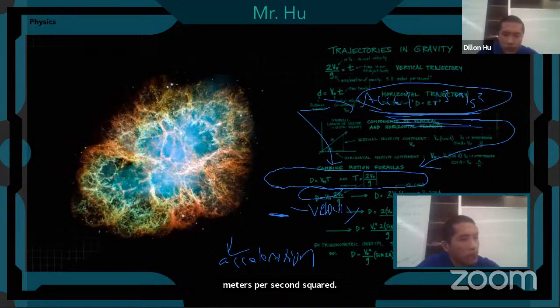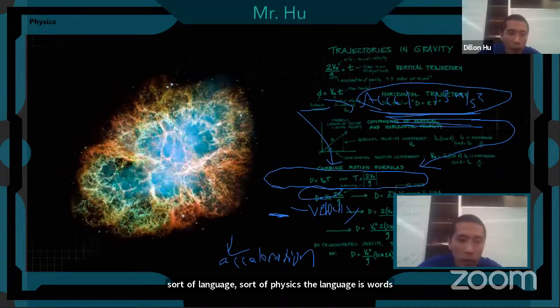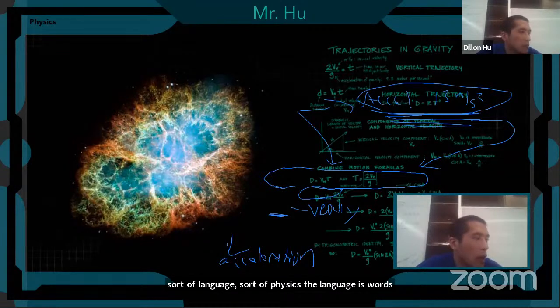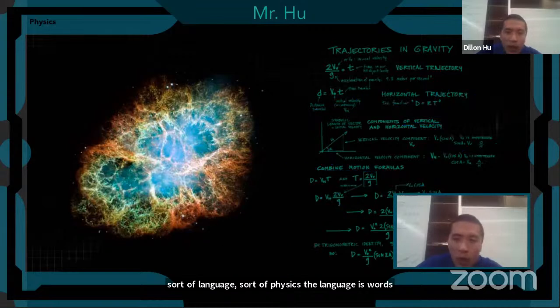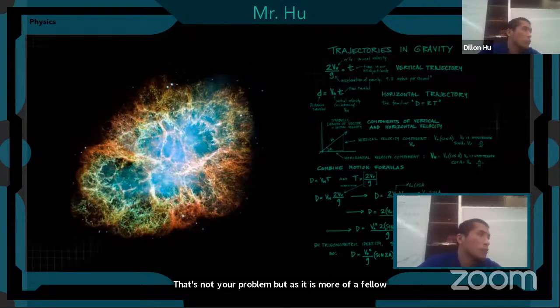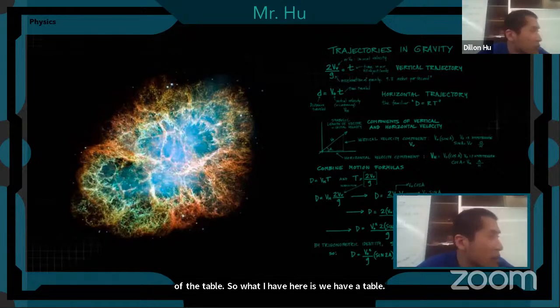The best way to practice this sort of physicsy language is to do another problem. Not so much a problem, but more of a fill-in-the-table. It's also on your graphic organizers for this particular problem.